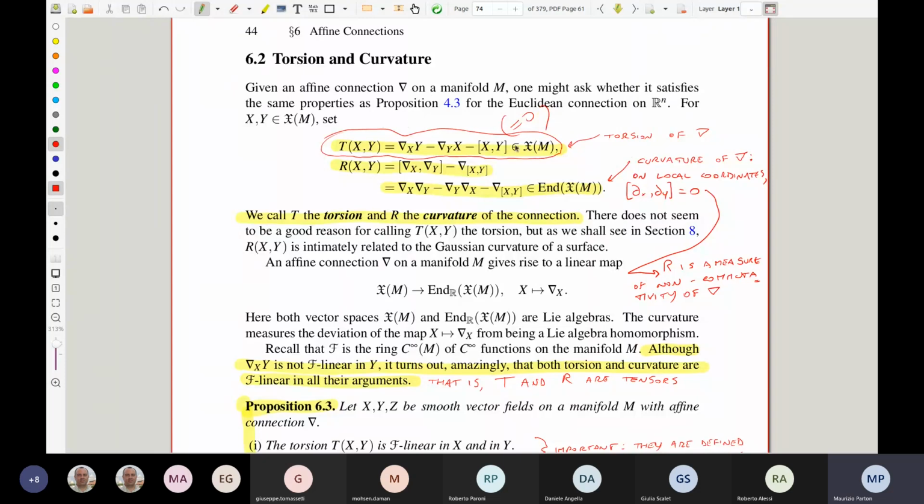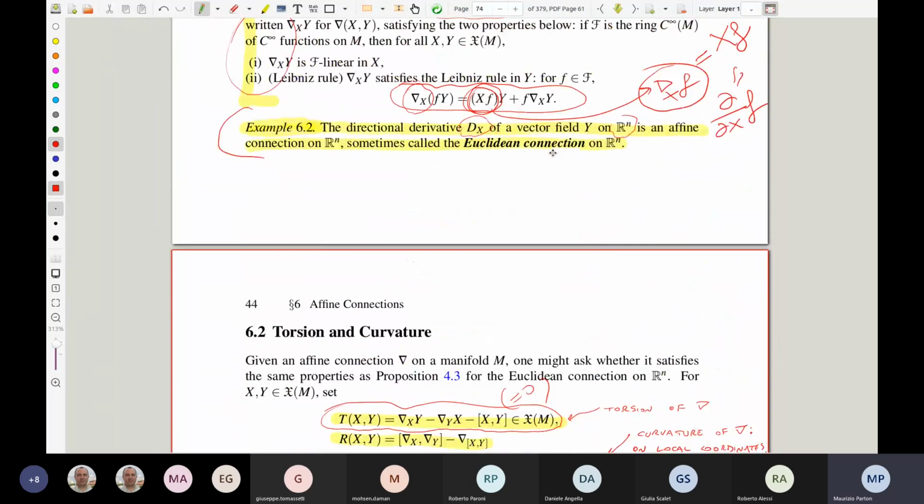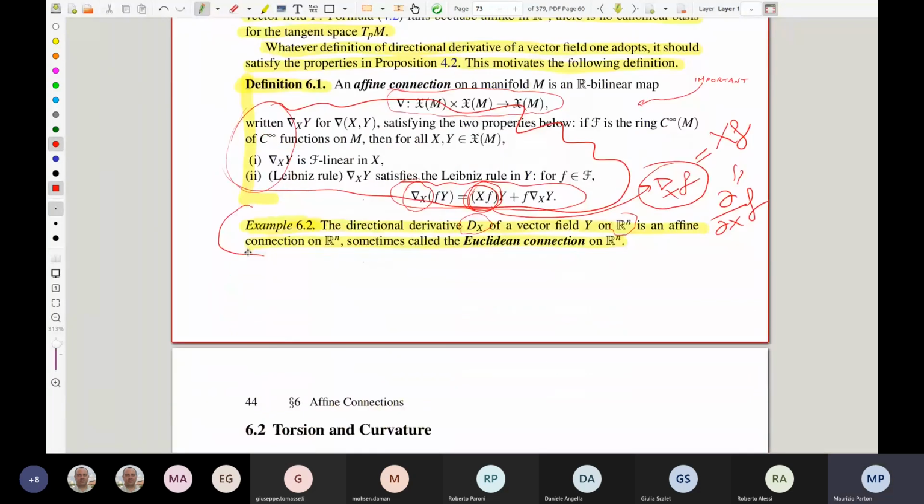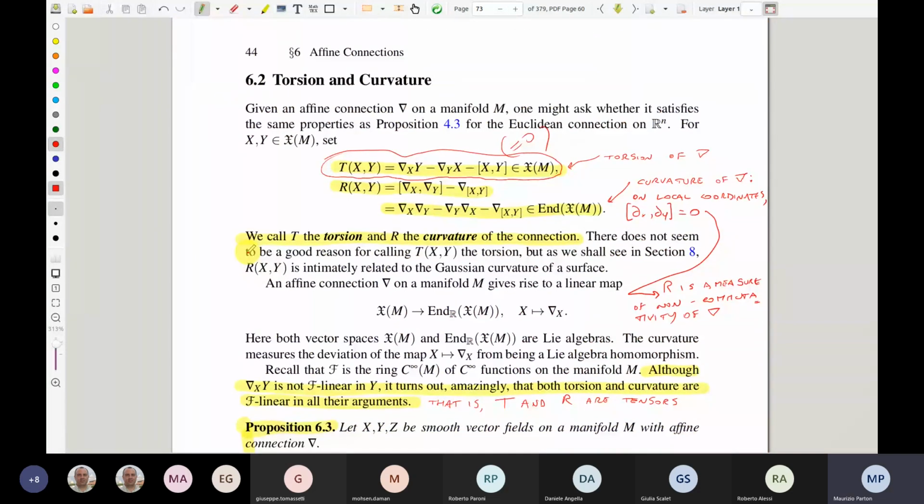If this would be 0 in the general case, this would mean that from these axioms you can prove a theorem that that quantity is always 0. This is not the case. In general, this is not 0. That was a special property of Rn.